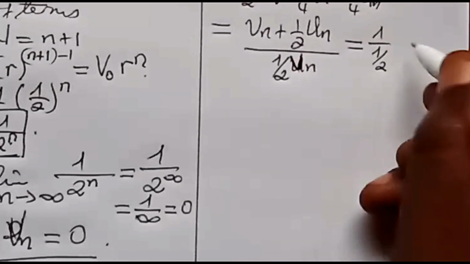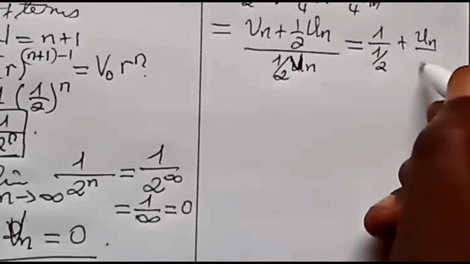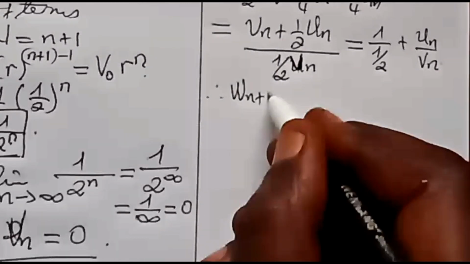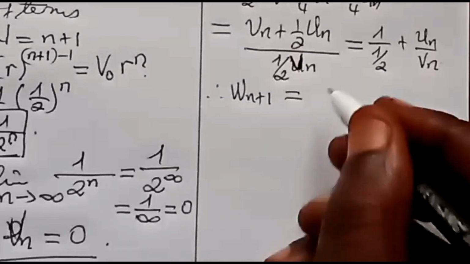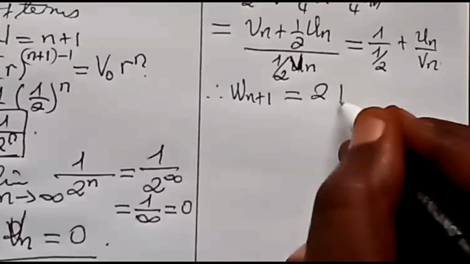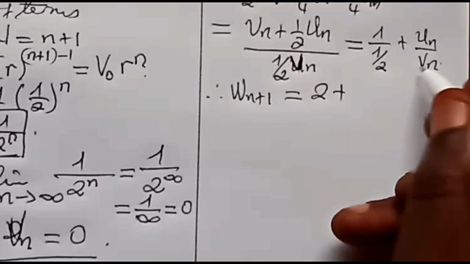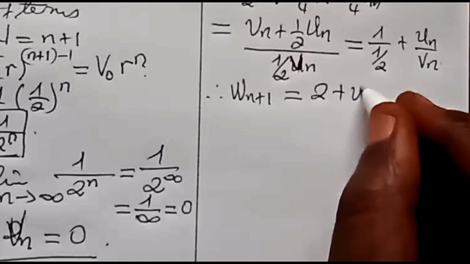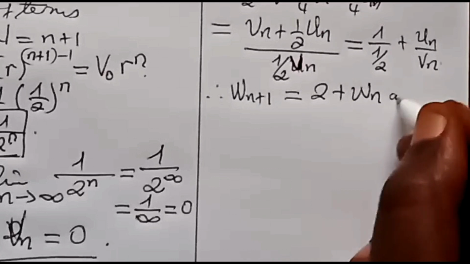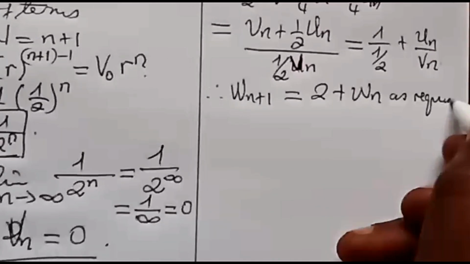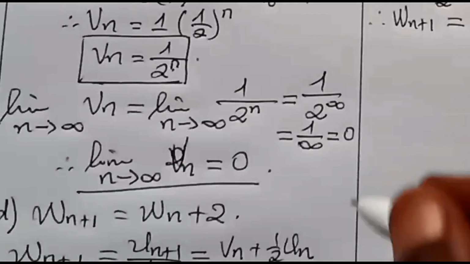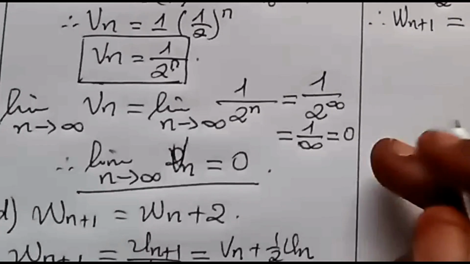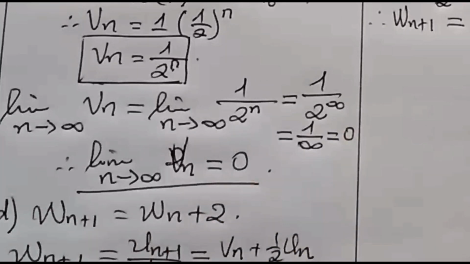That gives 1 all over half plus Un over Vn. Therefore, Wn plus 1 equals 1 all over half, which is the same as 2, plus Un over Vn, which is supposed to be Wn. And that is what we are asked to prove in the D part.